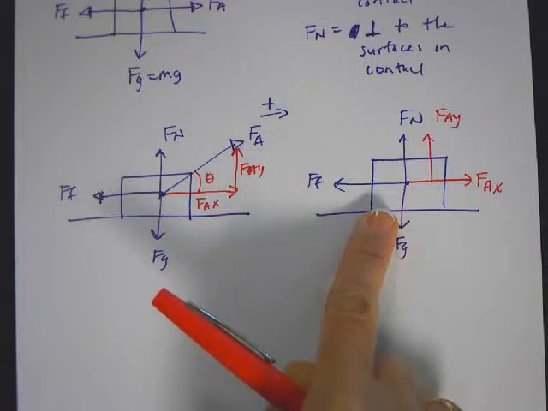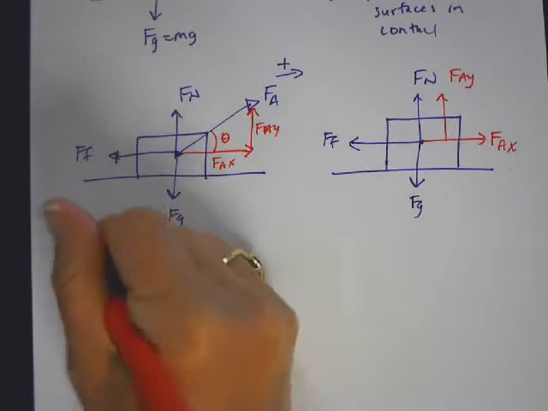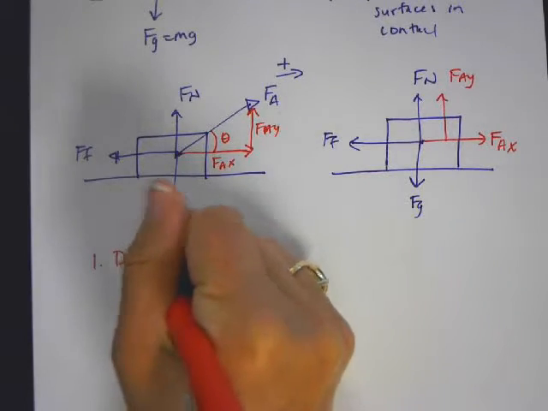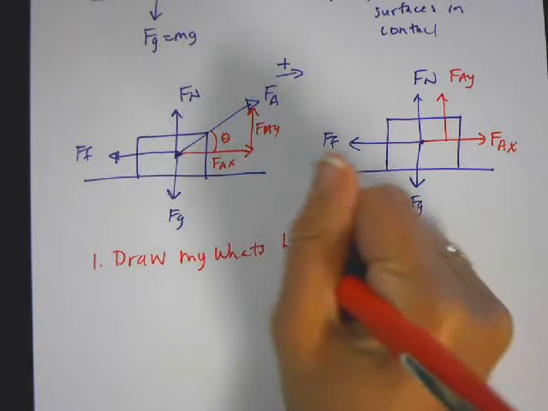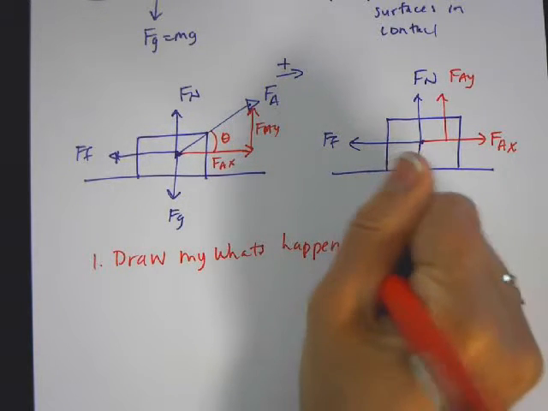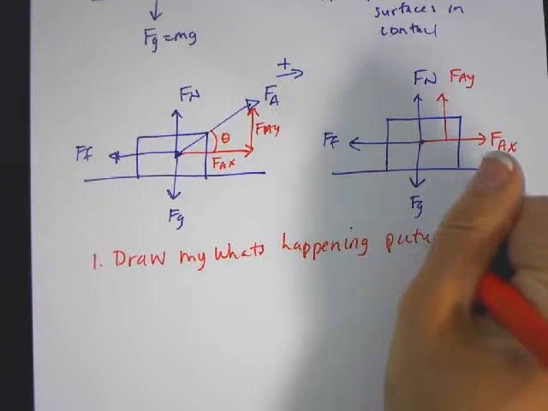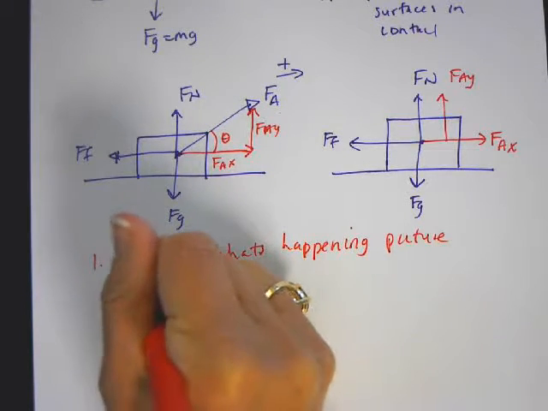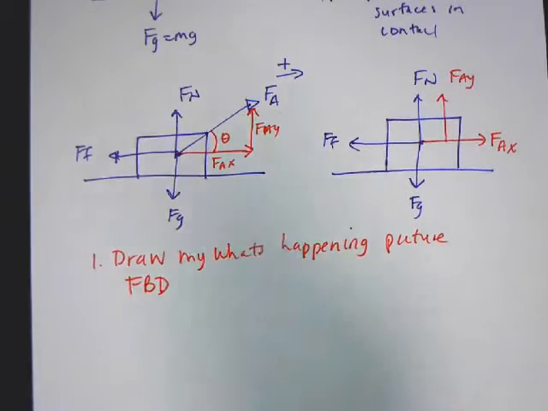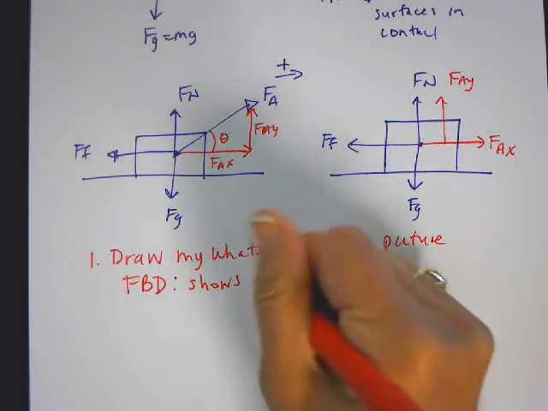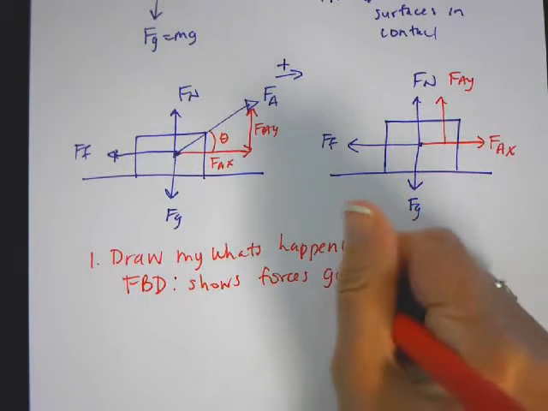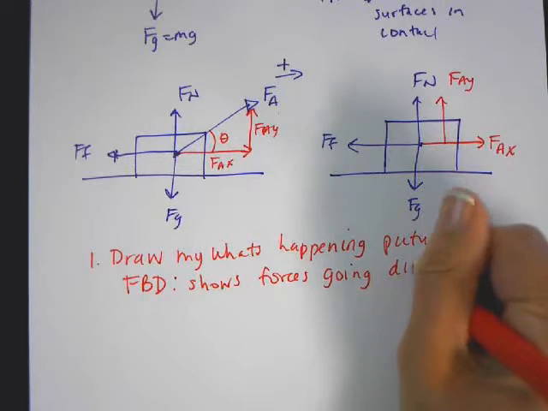So number 1 is to draw my what's happening picture. And my what's happening picture is actually my free body diagram. And my free body diagram shows all the forces going in the direction in which they act.